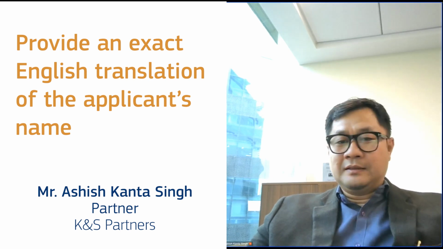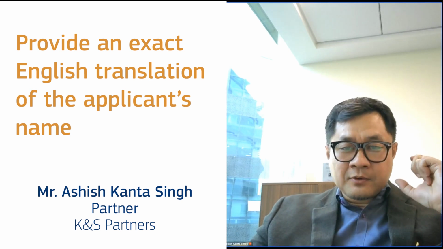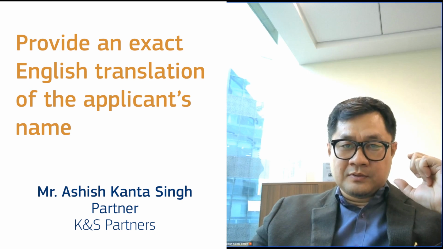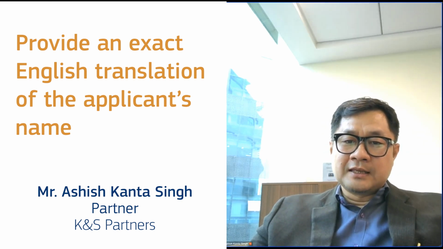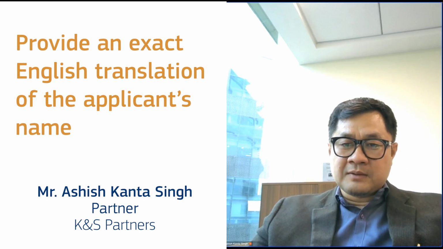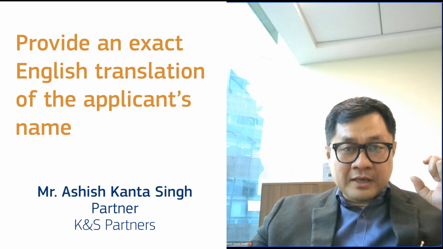They don't want that. They want an exact English translation of the name of the applicant to be given in the application. So just to avoid any delay in the future, I would strongly recommend that you give the English translation of the name of the applicant.